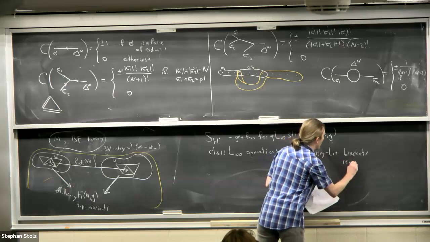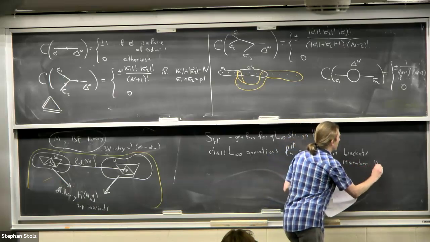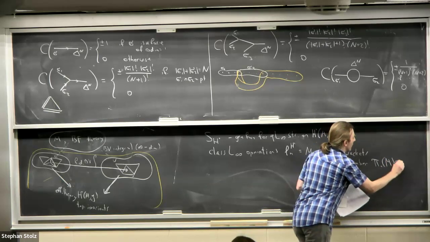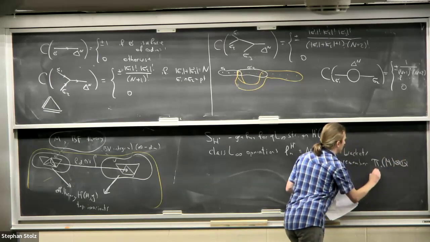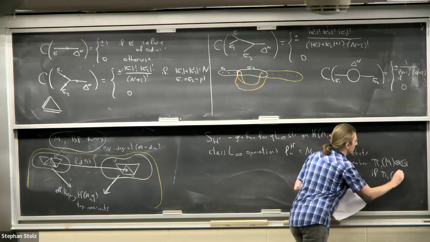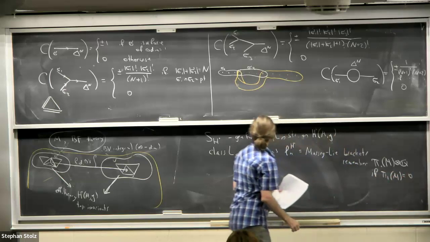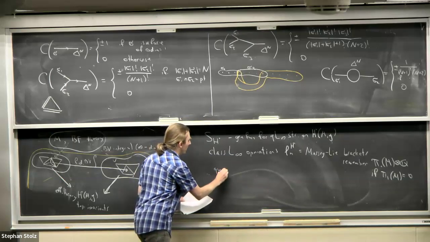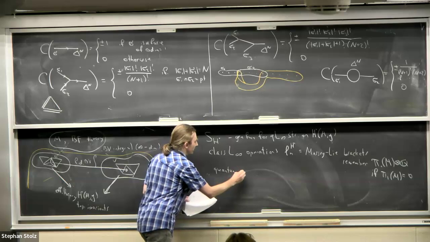So they remember the rational homotopy type if the manifold is simply connected. But then there are also quantum operations, and they remember something more. They are a stronger invariant.